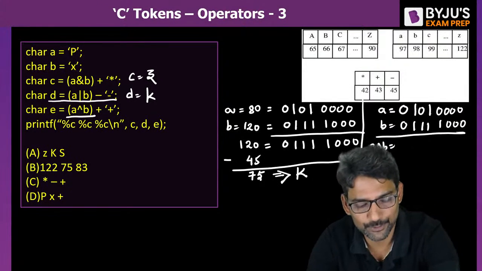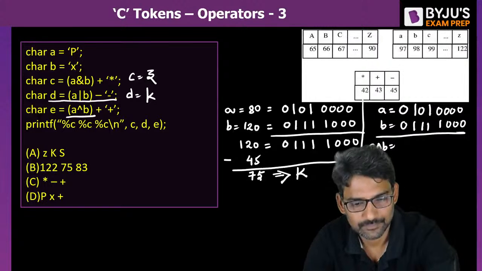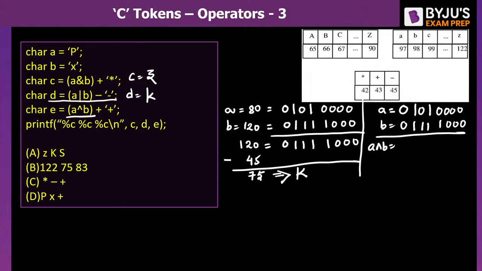What will it produce? Both are same, result is 0, otherwise result is 1. This value is 40, plus value is 43.